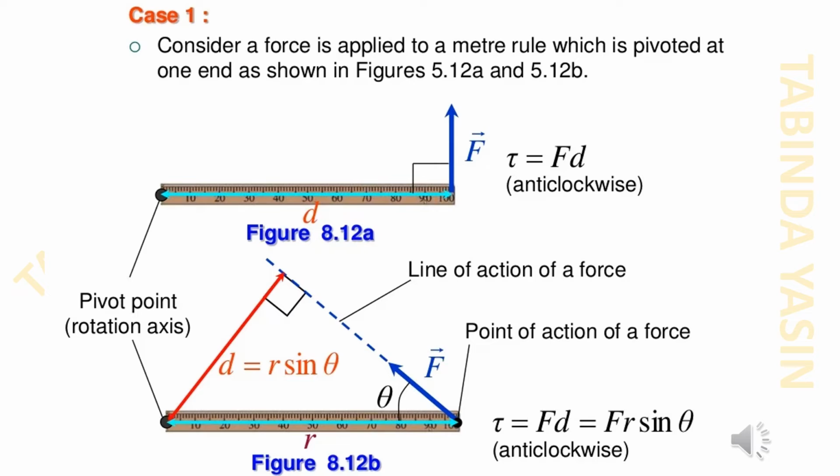The distance from the pivoted point to the force makes an angle theta. d is equal to r sin theta, which gives the point of action of force F, and tau is equal to Fd, that is F r sin theta, in the anti-clockwise direction. F and d are related by some angle theta.